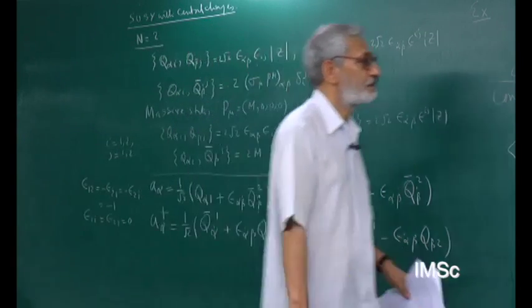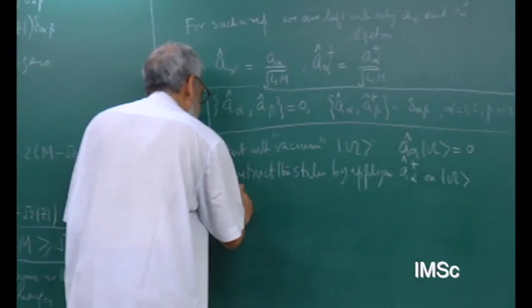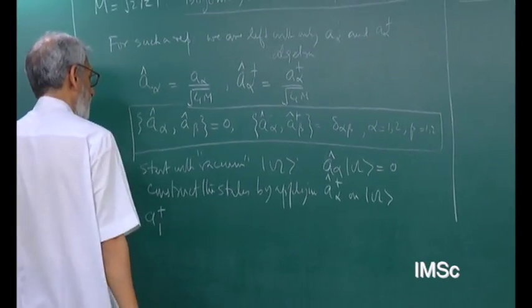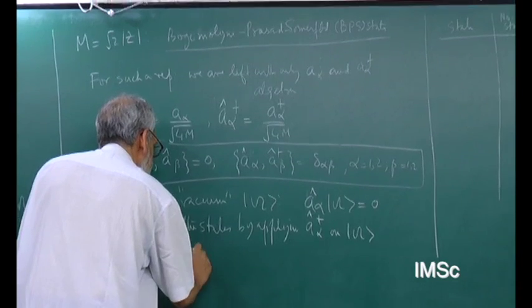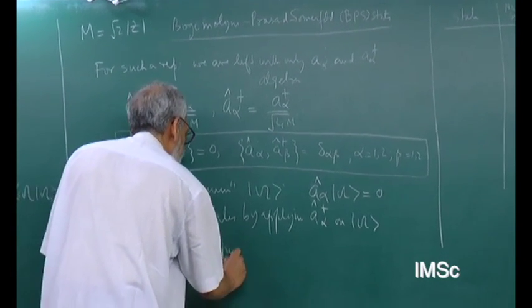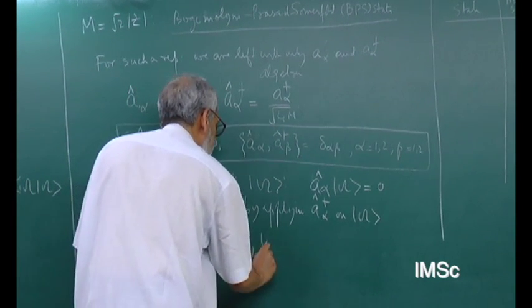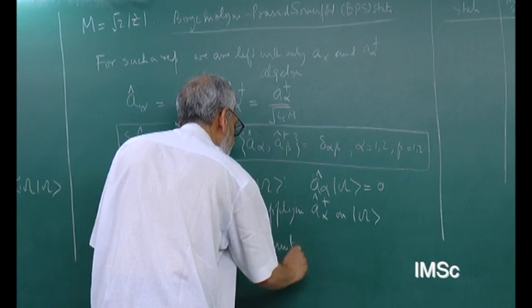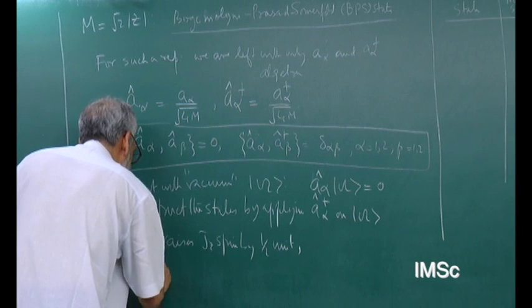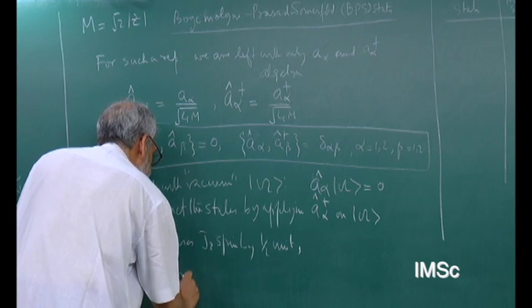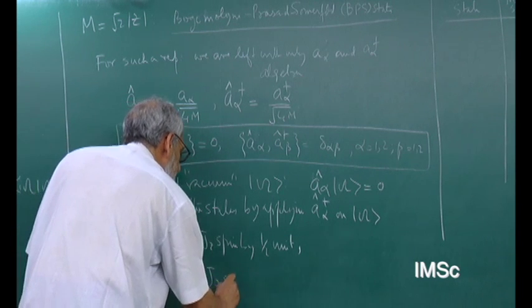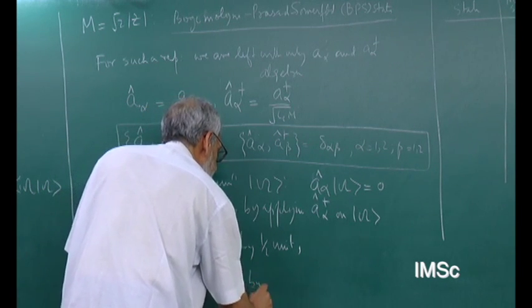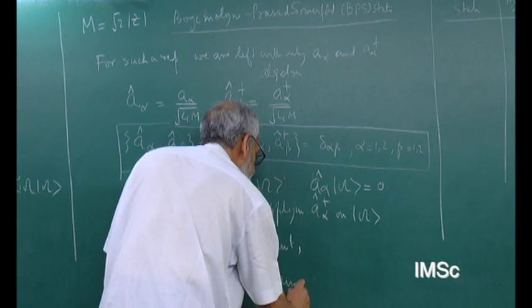That means A1 dagger raises Jz spin by half unit, and A2 dagger lowers Jz spin by half unit.